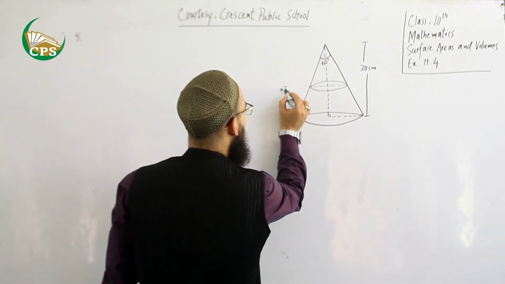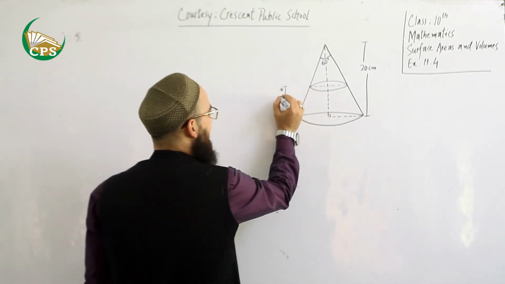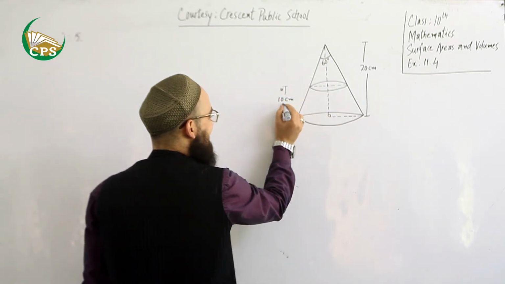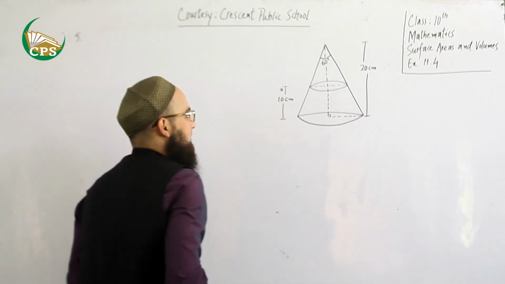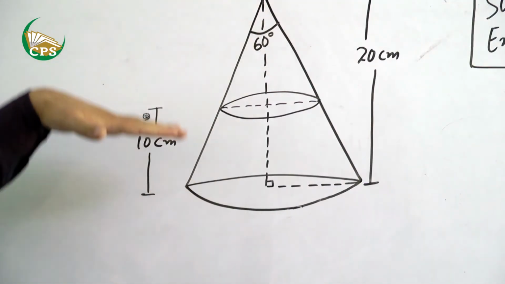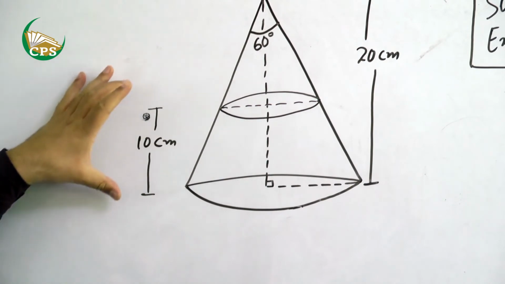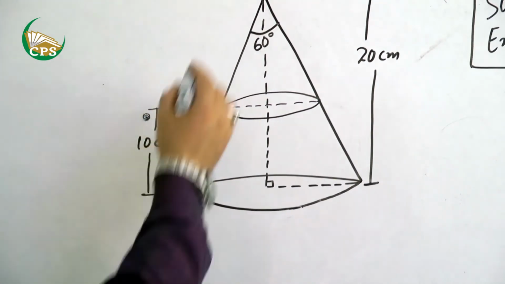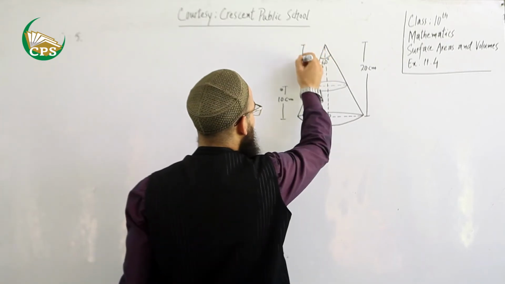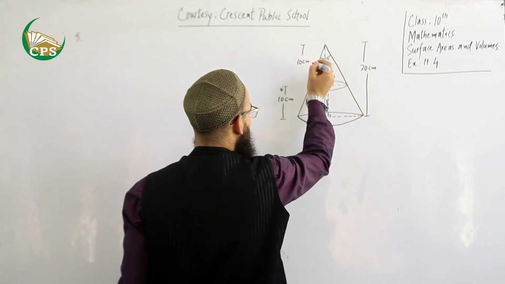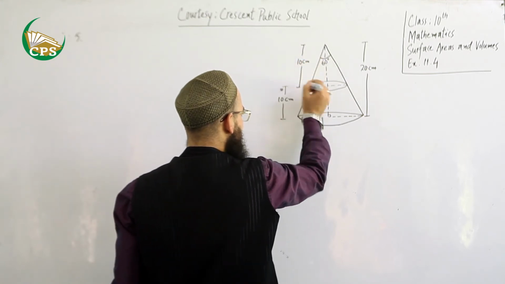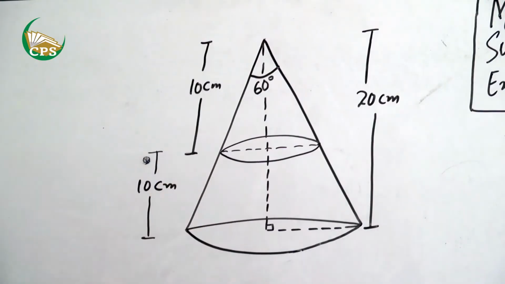So the height of this frustum now would be 10 centimeter, because the total height is 20. If the cut is made in the middle, that means the height of frustum is 10, and so is the height of this upper cone. This would also be 10 centimeter. Got it?